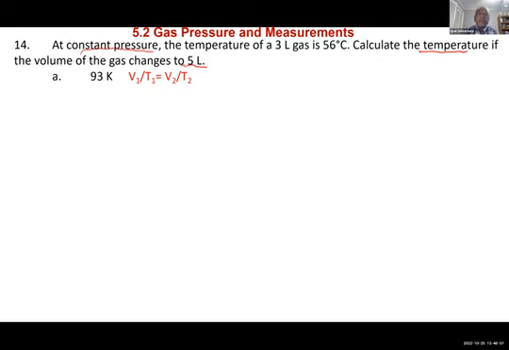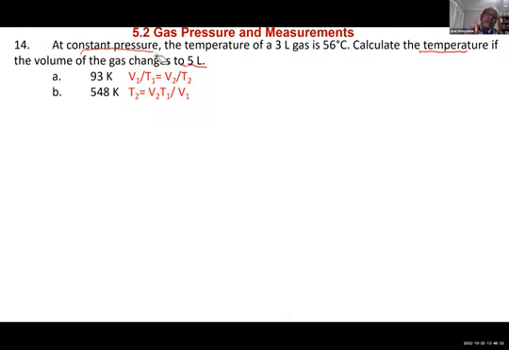That fits with Charles law. Charles law equation is this. Now you have to calculate the final temperature, which is T2.